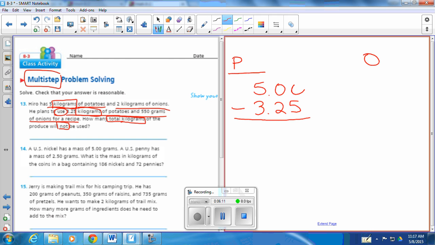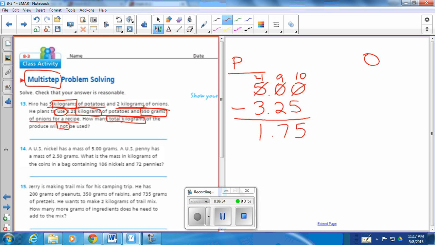So if we solve this, do you agree with my math? Yes. Okay, so now we need to look at onions, right? We've got the potatoes, we need to look at onions. What onions weren't used? So 2 kilograms of onions is what he had. He used 500 grams.